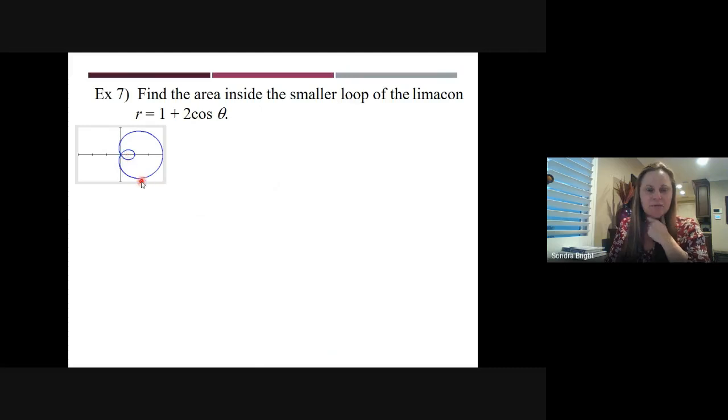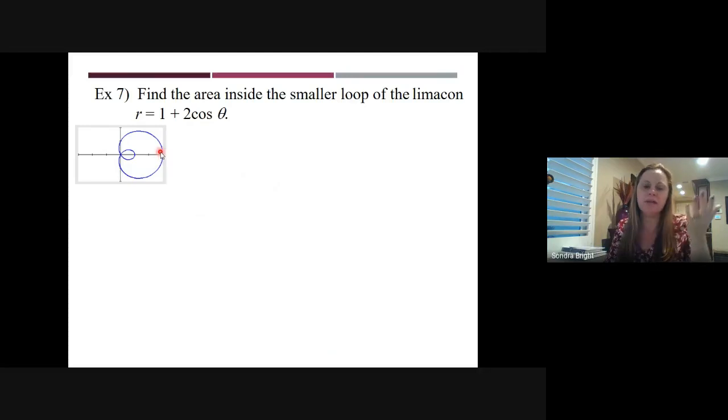Now, it's important to point out that polar graphing is different from rectangular graphing, right? You're plugging in angles. So if we start with theta equal to 0, cosine of 0 would be 1. So that's 2 plus 1 gives you 3. This graph, when theta is 0, starts right here.